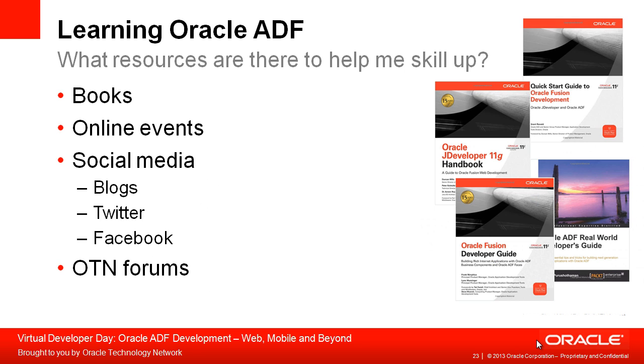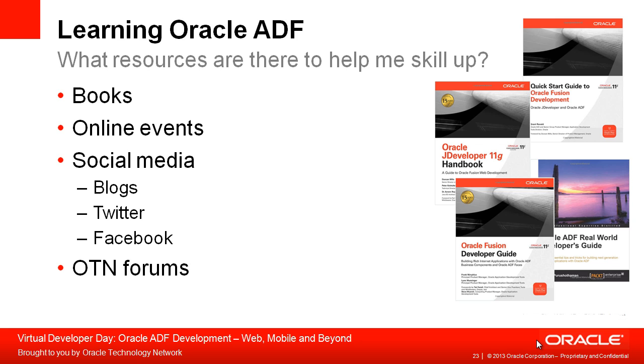There are also lots of books ranging from the beginner's guide, like the Quick Start Guide and the Oracle JDeveloper Handbook, up to more advanced books, the Real World Developer Guide, Fusion Developer Guide. There are also other books available as well that you can Google for. There are lots of online events happening, as well as live events such as user groups and Oracle World as well.